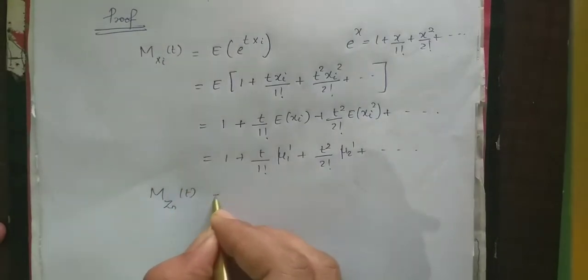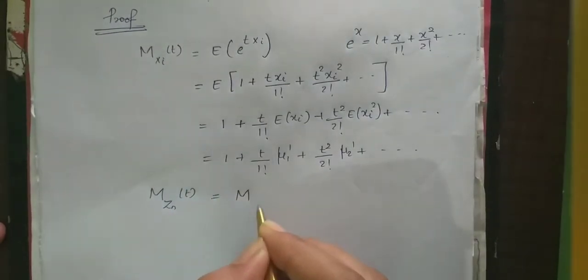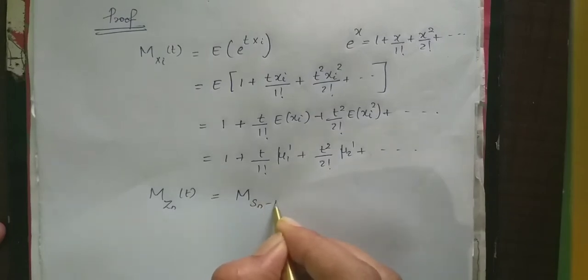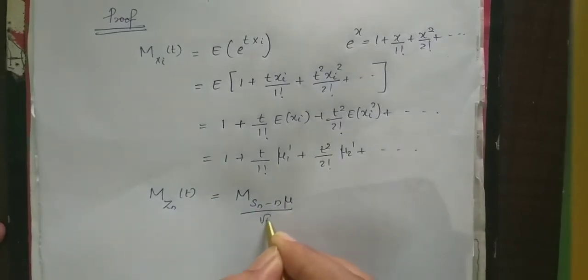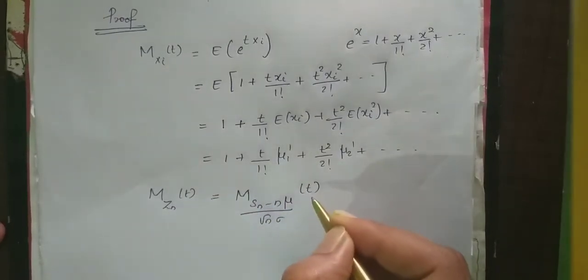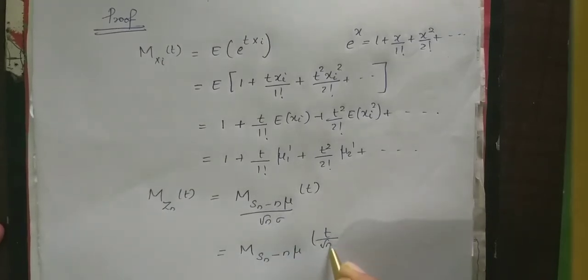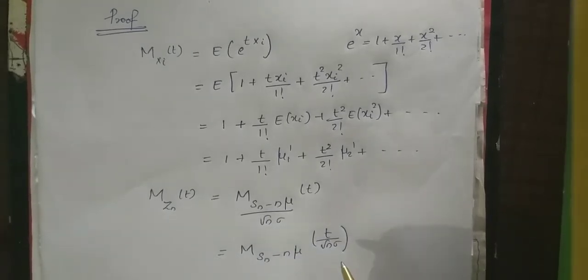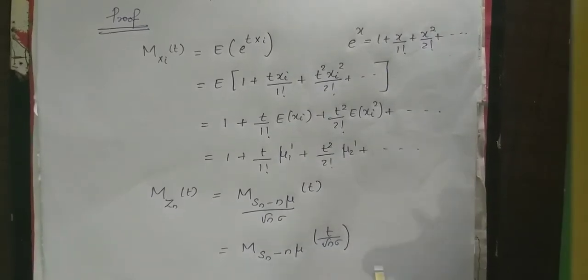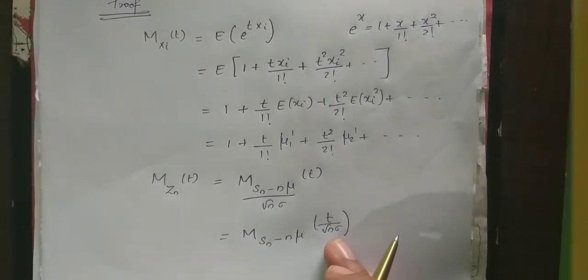M Zn(t) is equal to, we can write, Zn is (Sn minus n mu) by root n sigma, of t, or we can write this as M of (Sn minus n mu) of t by root n sigma, using the property of MGF.